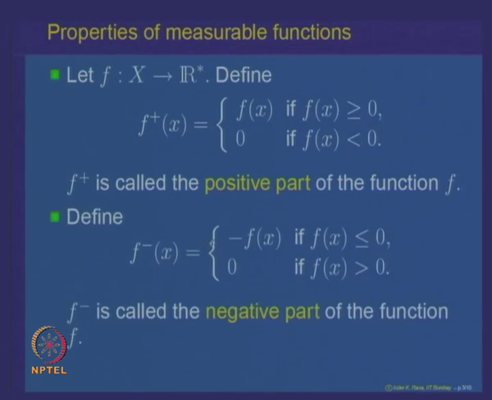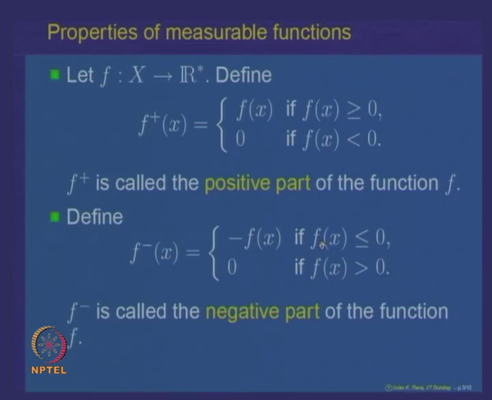Similarly, we can define the negative part of the function to be a function on X again, denoted by f minus of x. So, f minus of x is equal to minus of f of x if f of x is less than or equal to 0.